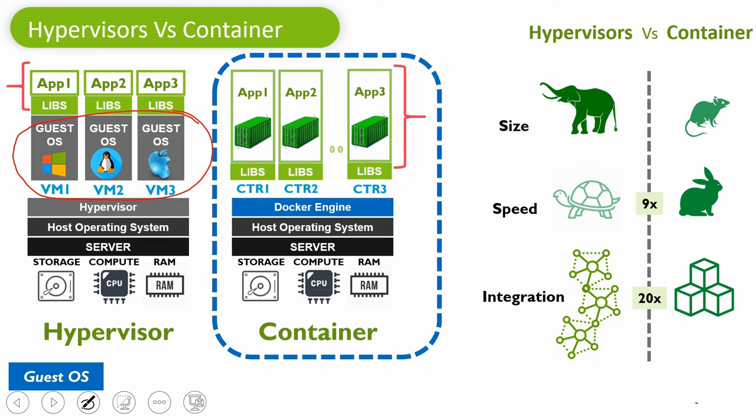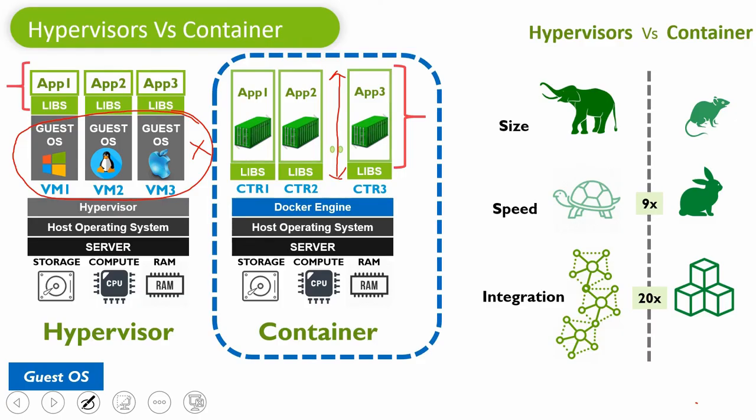Since the guest operating system is not there in the container world, the resources which were wasted in this guest operating system are now available. You can use these resources for the application. You can see it on the screen. The applications are using a much bigger resource pool in containers as compared to the resources available in the hypervisor world.